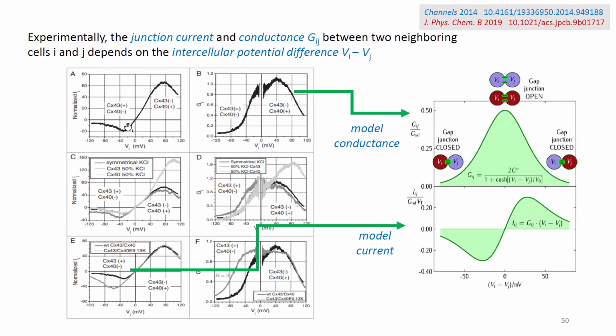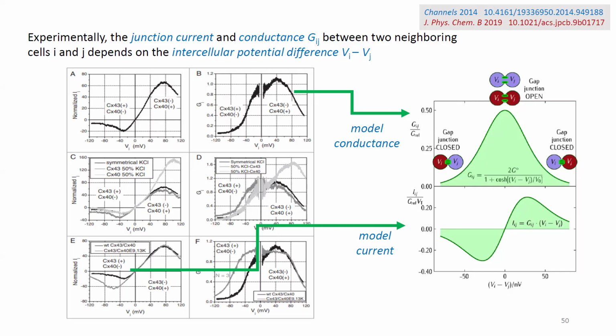This current voltage curve immediately leads to experimental bell-shaped conductances, and these bell-shaped conductances are modeled here with a relatively simple equation, which immediately gives current voltage curves for the junctions that reproduce qualitatively the experimental data.